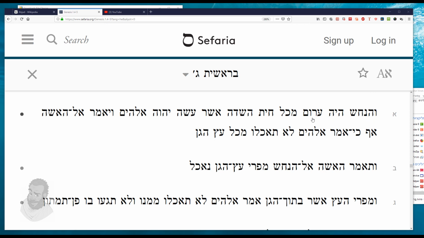Wehanahash haya arum. Arum in Hebrew means cunning. Stealthy, slithery, that type. Mikol: it means min, and when it quiesces it becomes me or mi. It is out of or from. Kol is all or each.